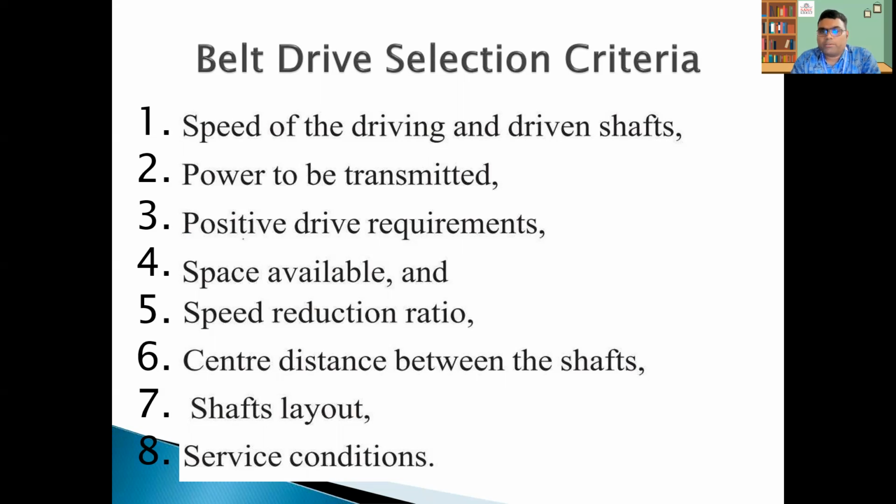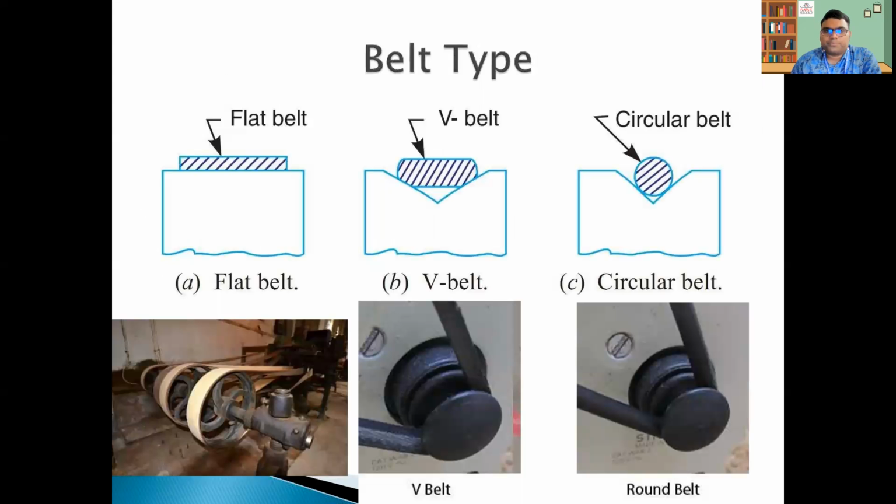Positive drive requirement, space available, which is also very important, speed reduction ratio, and the center distance between the two shafts. As I already discussed, if the distance is more than 8 meters, we use the rope drive. Then shaft layout and service conditions. All these are criteria we use while selecting the belt drive.